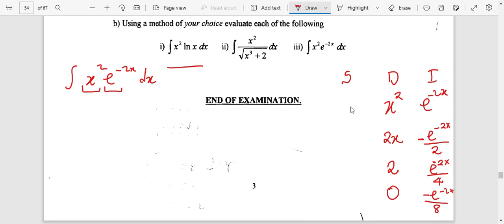So we'll now start putting signs, starting with a positive, negative, positive, and then negative. So when you are multiplying, you are multiplying diagonals. So you multiply like this, like this, like this. But if this was not a zero, you should have also multiplied in the horizontal like this.